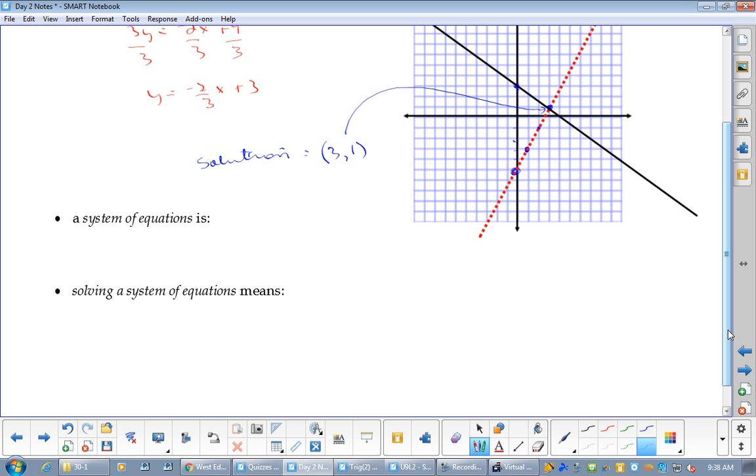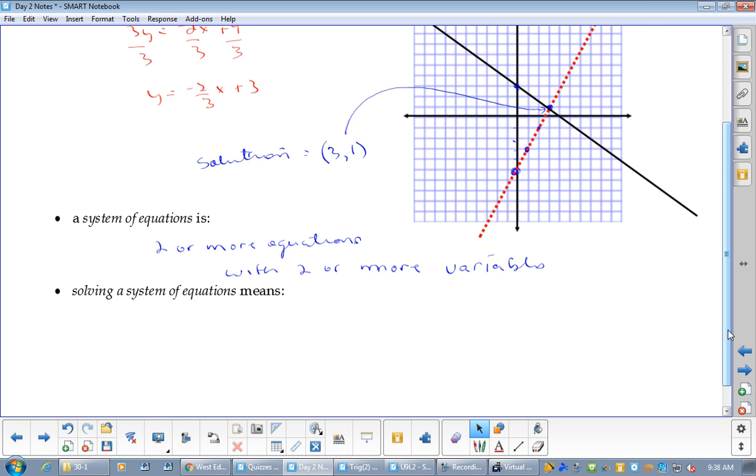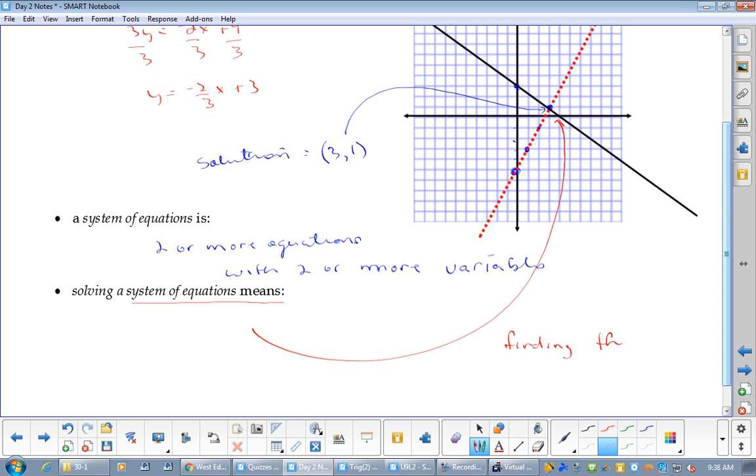The minimum number of equations to be a system is 2 or more equations, with 2 or more variables. And solving a system means this. Finding the intersection point.